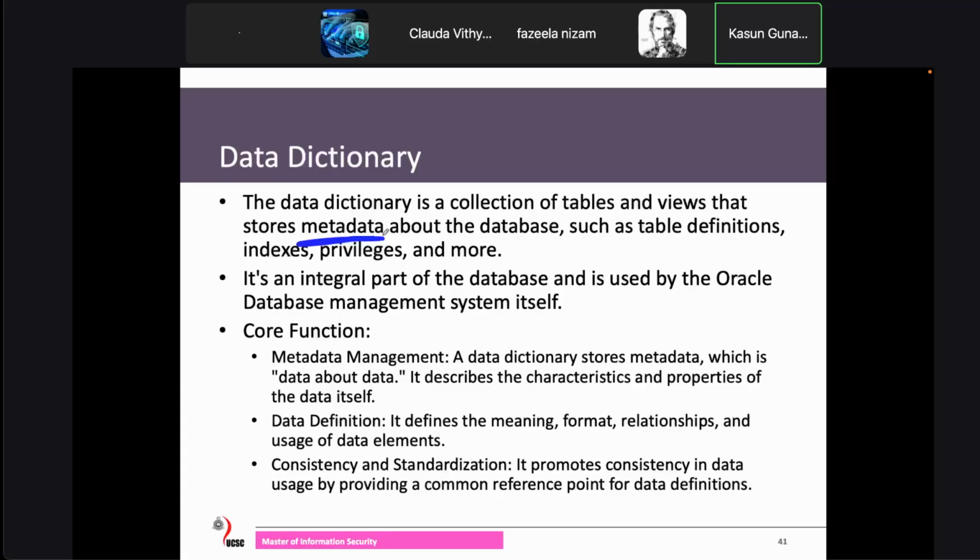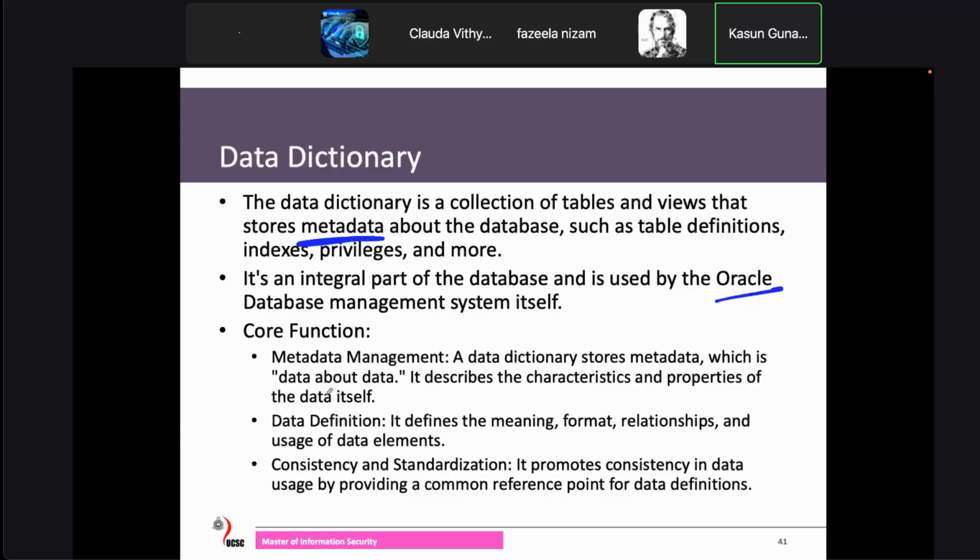So it is an integral part of the database and is used by the Oracle database management system itself. It is not just for Oracle. All the other database management systems also have this data dictionary facility, right? So the core function of the data dictionary is metadata management. A data dictionary stores metadata, which is data about data.